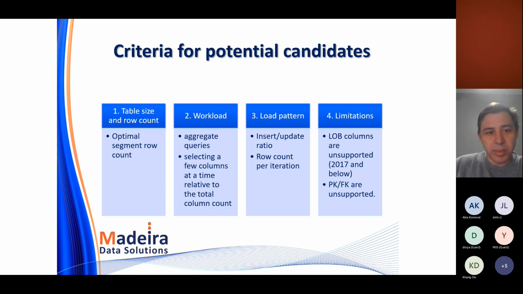So the more inserts you have, the better. And also row count is very important, because since it works best when you're inserting in large chunks, so that it can compress the segments into 1 million rows per segment.